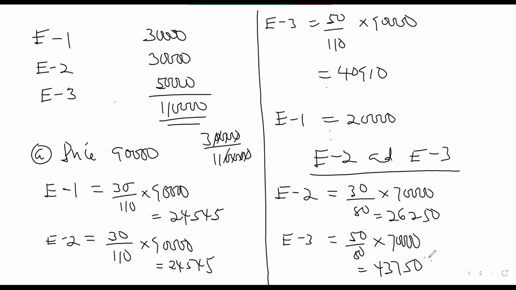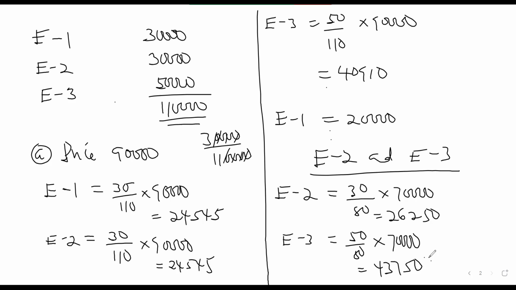So if you are selling each of them for 90,000, E1 will be sold for 20,000 and E2 the same, but E3 will be 40,910. But right now, if you decide to sell E2 and E3 together for 70,000, E2 will be taking 26,250 and E3 will be taking 43,750.